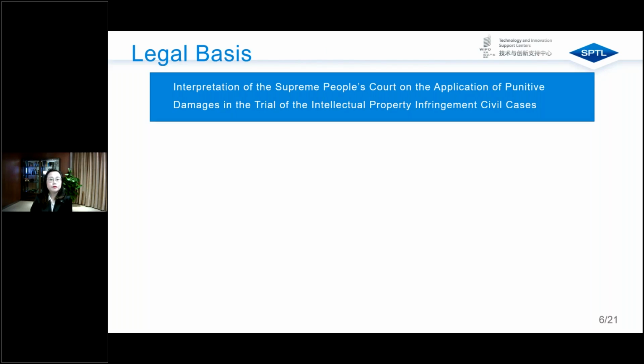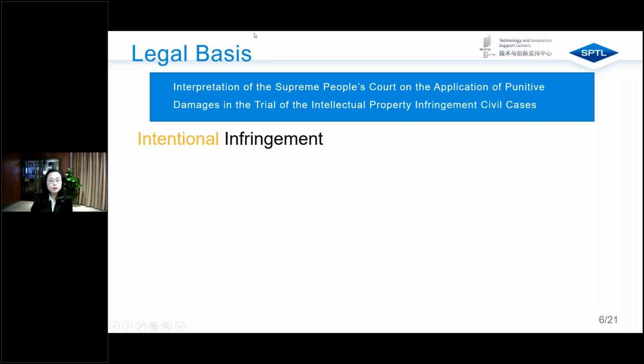On March 3rd of this year, the Supreme People's Court issued the interpretation on the application of punitive damages in the trial of civil infringement cases of intellectual property rights. The interpretation makes specific provisions on the application scope of punitive damages and the determination of intentional infringement and serious circumstances.